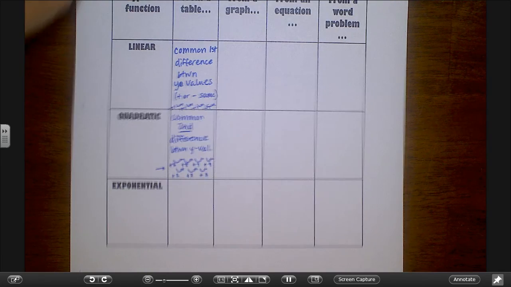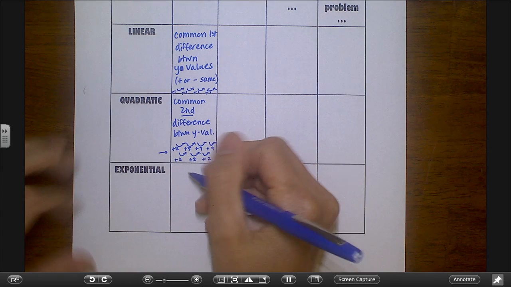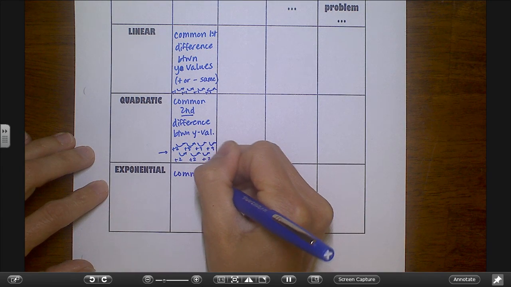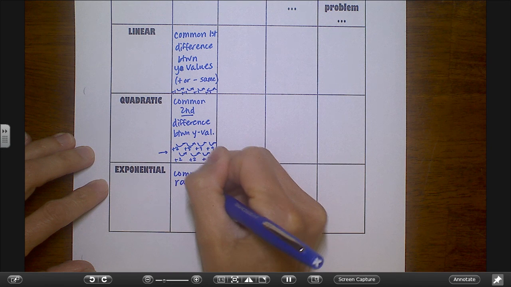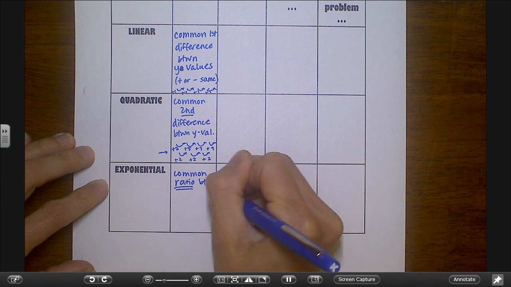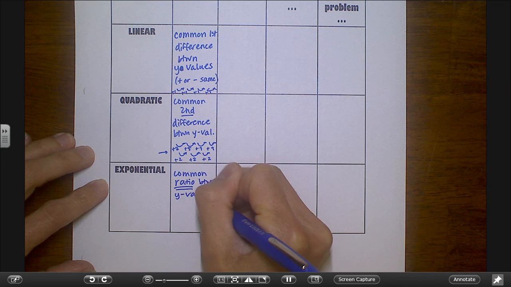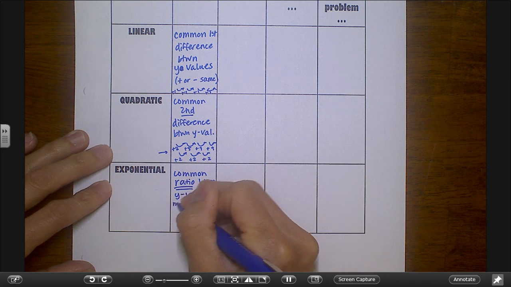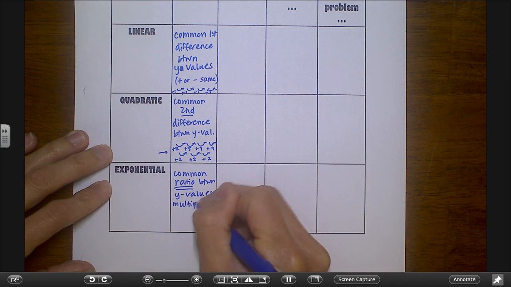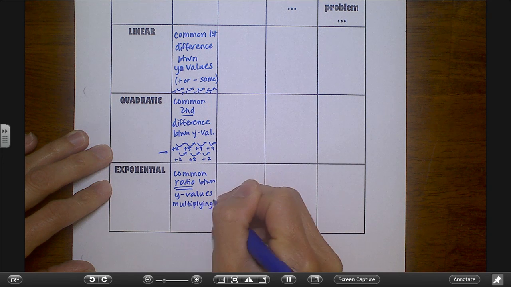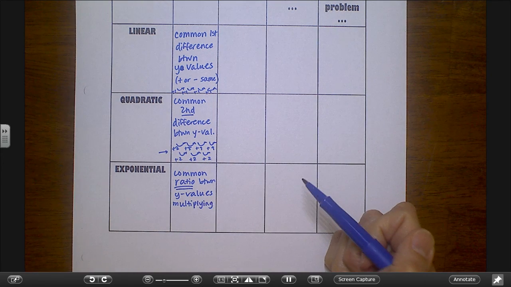Okay, with exponential, you still have something in common, but it's now a common ratio between y values. What that means, remember, is that you're multiplying or dividing, but it'll always be listed as multiplying.